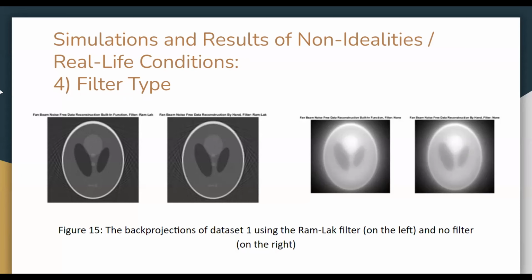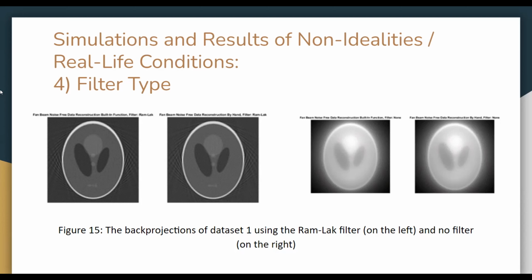As the name of filtered back projection suggests, if we apply only back projection, then we will obtain very bright and blurred images. The reason behind that is when we apply the back projection algorithm, we are basically smearing out all the projections through the entire image.